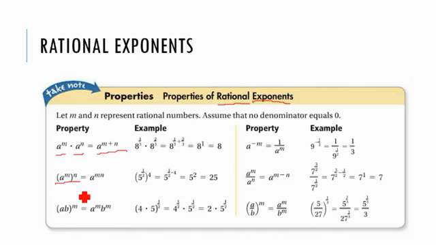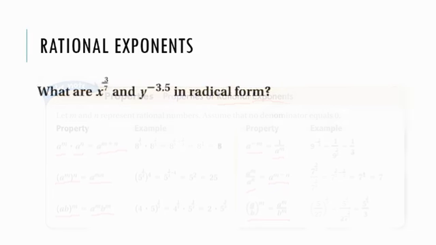A to the m all to the nth power is a to the m times n, and ab to the m is the same as a to the m times b to the m. Also, a to the negative m is 1 over a to the m, and this should just be a review of your exponent properties. And then a to the m divided by a to the n is the same as a to the m minus n, and a over b to the m is the same as a to the m over b to the m.